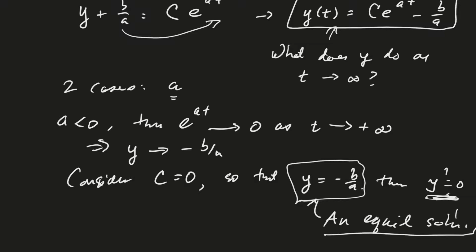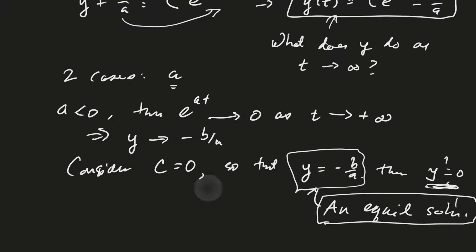An equilibrium solution is a constant solution to the differential equation, because it never changes in time. Not all differential equations have equilibrium, but some do. And it doesn't matter what a is, this equation will always have an equilibrium solution at minus b over a. By the way, it is a special solution.